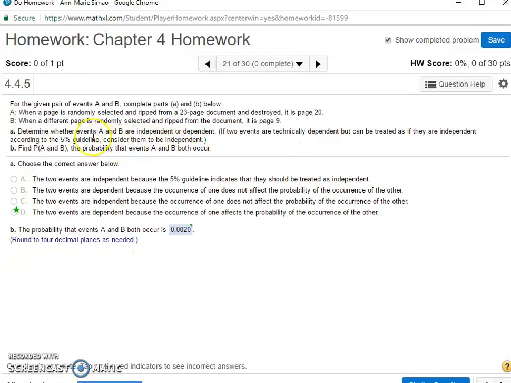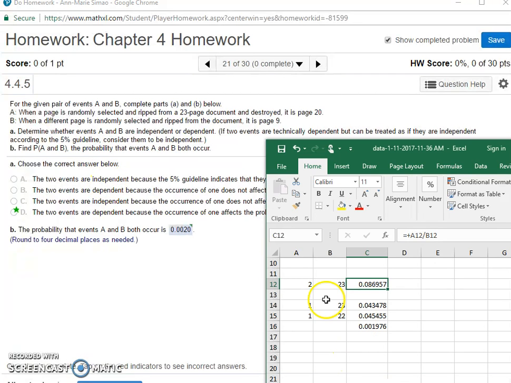And so then they want to know the probability of A and B that they both occur. So what I have to do is figure out the probability the first one occurs. The probability the first one occurs is 1 out of 23, 0.043478. Then the probability the second one occurs is 1 out of 22. 1 divided by 22 is 0.045.